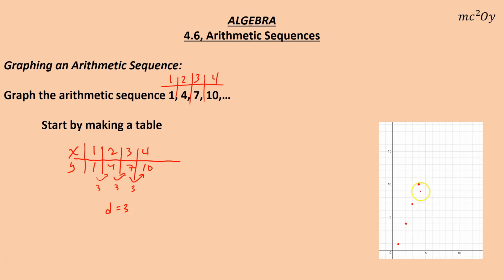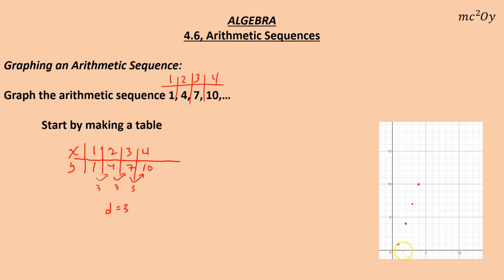You'll notice that it looks like I can connect these and draw a line. However, this is called discrete data. I'm not told that there are actual numbers that can be applied in between here. I don't know what 1.5 is, or if 1.5 exists. In fact, when I'm dealing with a sequence, 1.5 does not exist.